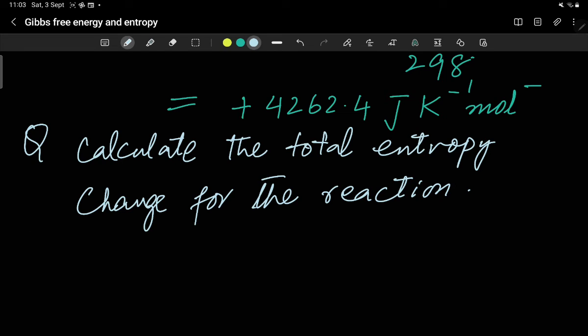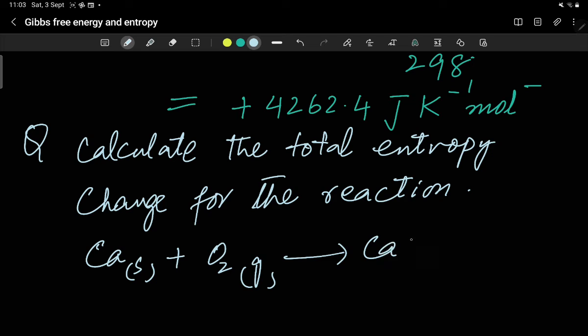For example, we use the same reaction, calcium solid plus oxygen to form calcium oxide.